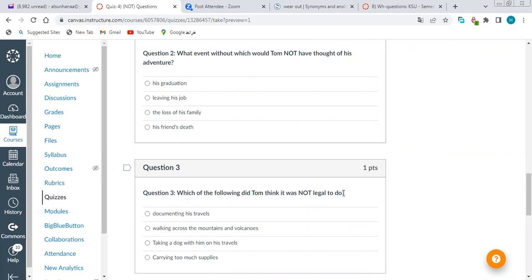Which of these things Tom thought it was illegal or not legal to do? أي الأشياء اعتقد توم أنها غير قانونية القيام بها؟ Documenting his travel, توثيق سفره, walking across the mountains and volcanoes, المرور بالجبال والبراكين, taking a dog with him, إن هو يصطحب الدوج بتاعه, or carrying too much supplies, أو إن هو يأخذ مؤن ومستلزمات كثيرة معه.